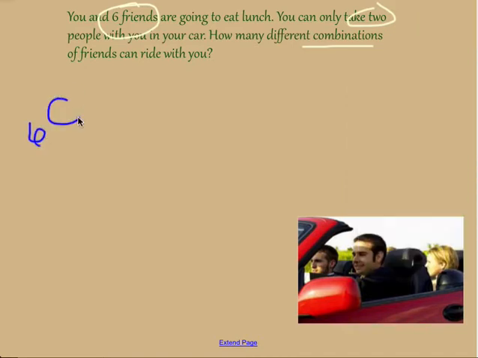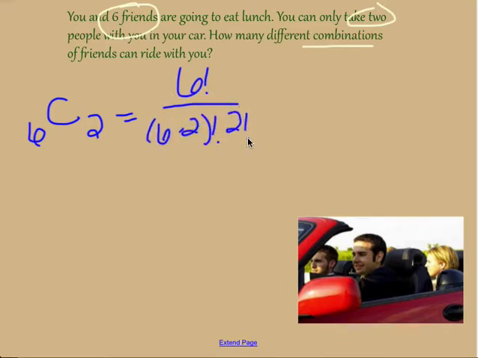So we have 6 choose 2. So then on top we have 6 factorial, and then we have 6 minus 2 factorial times 2 factorial. So that's 6 factorial divided by 4 factorial times 2 factorial. So then 4 is my larger factorial.